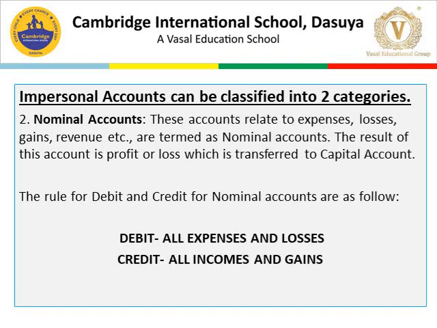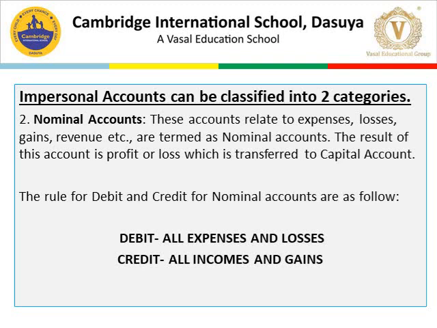Second one is the nominal account. A nominal account normally covers all expenses and losses, incomes and gains. So these accounts relate to expenses, losses, gains and revenue, that is your income, and are termed nominal accounts. The result of this account is profit or loss, which is transferred to the capital account.